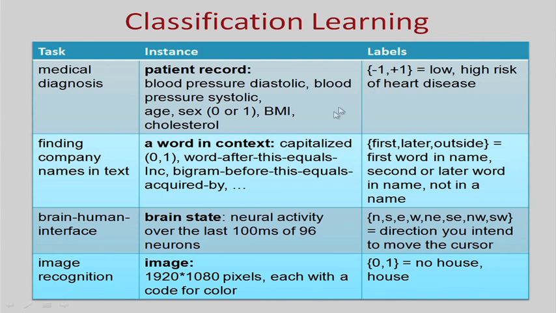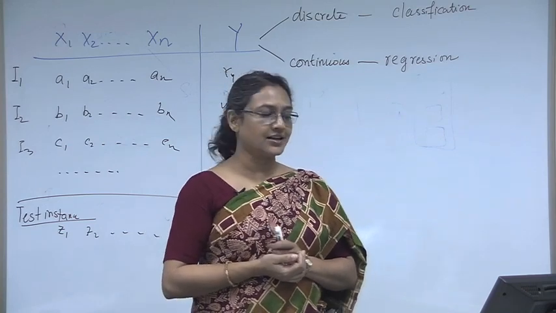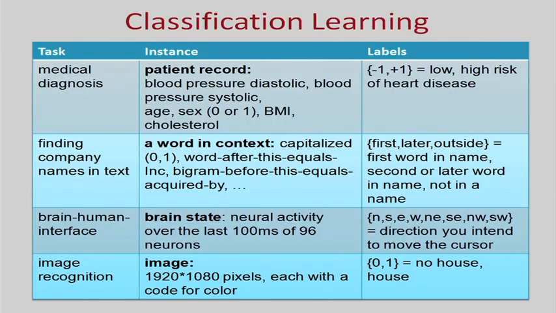And then there are some other examples. Finding company names in text. So, given a particular word, you want to find out, is it the name of a company. This is the entity recognition task in text mining. So, the instance is a word and the context of the word.